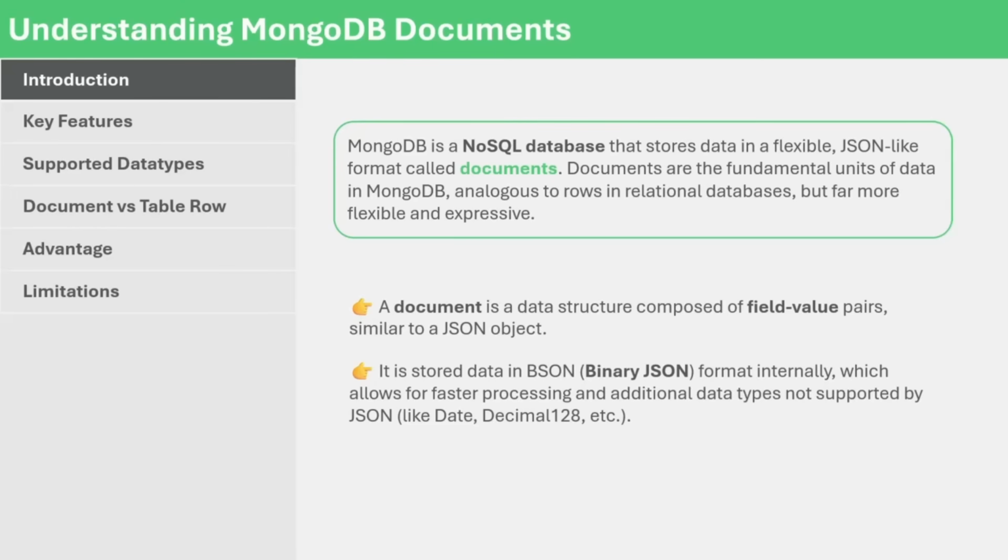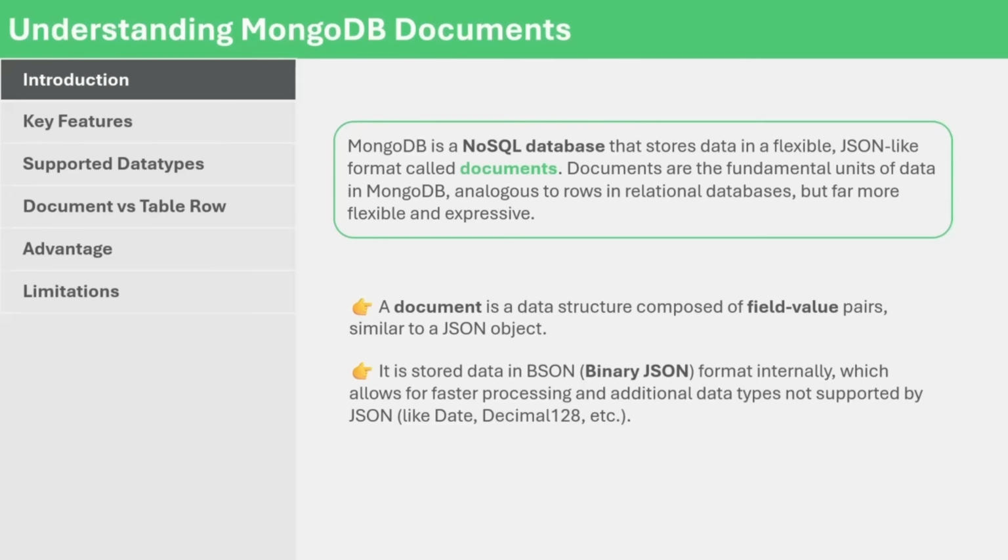A document is a data structure composed of field value pairs, similar to a JSON object, and it stores data in BSON format internally, which allows for faster processing. And also, when we store data in BSON format, we have additional data types which are not supported by the JSON data format. So you can say that BSON is a superset of JSON.